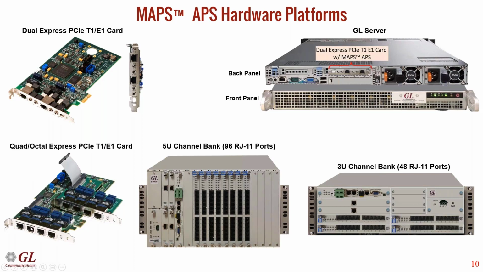We have the quad card, which is what we showed in the diagram on the previous slides, and it supports 4 T1s. We also have an octal card where we add another 4 T1s. The octal card is this picture here, and it has 8 T1 ports.